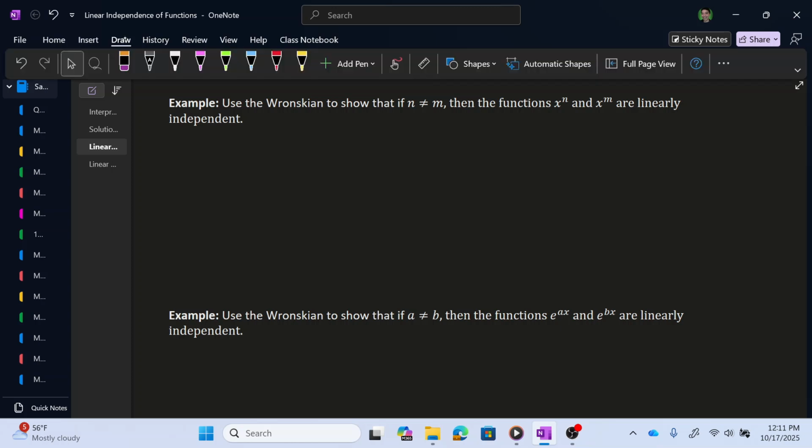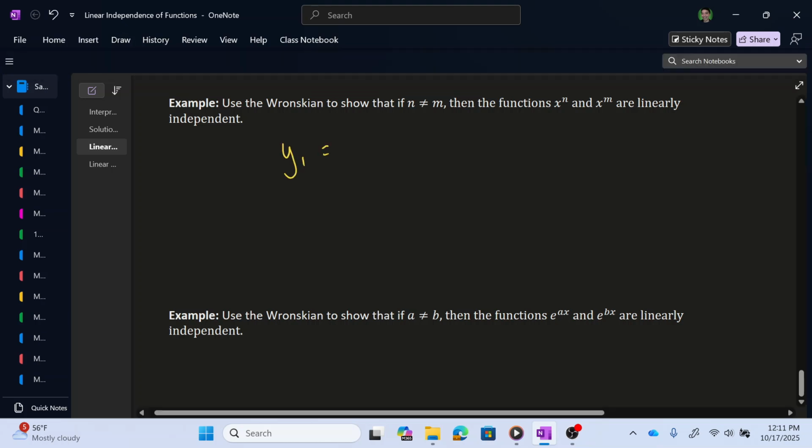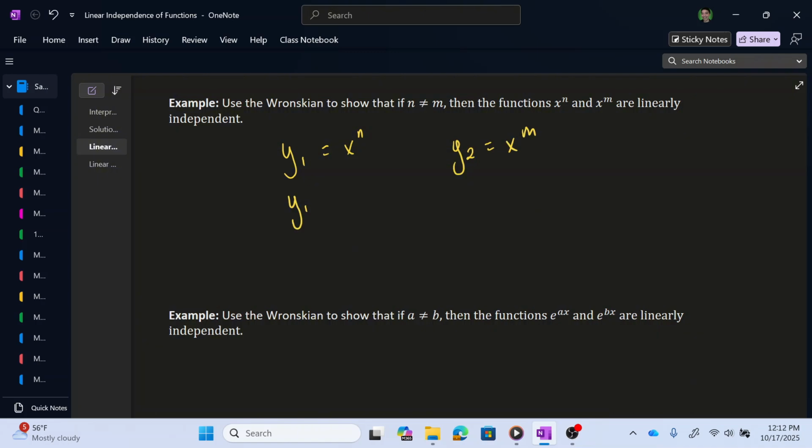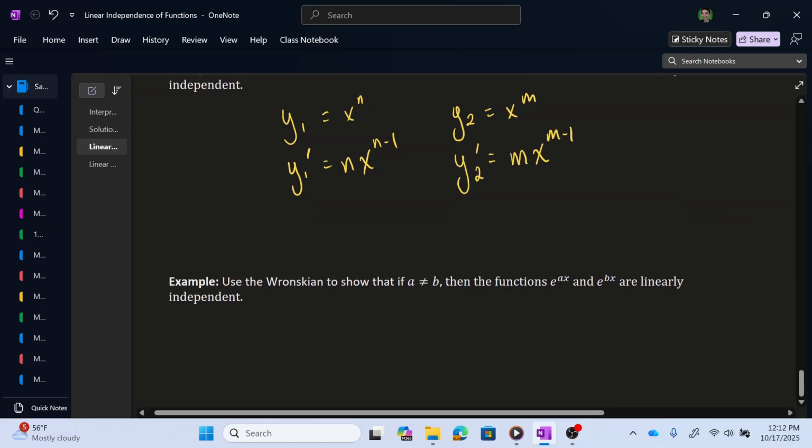To that end, what I'm going to do is list my two functions, and write down what the derivatives of those functions would be. Using the power rule, the first derivative sees the exponent come down to the front, and then the exponent is decreased by 1 unit. And then, likewise, for the other power function, the exponent m comes down to the front, and then the exponent is decreased by 1 unit.